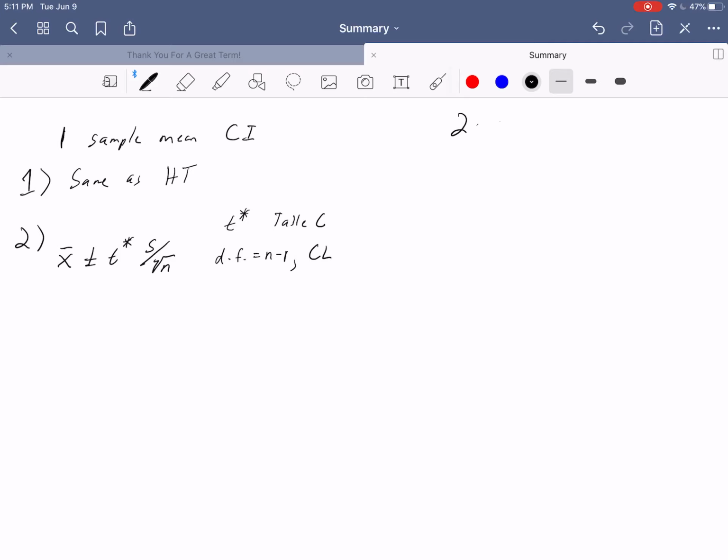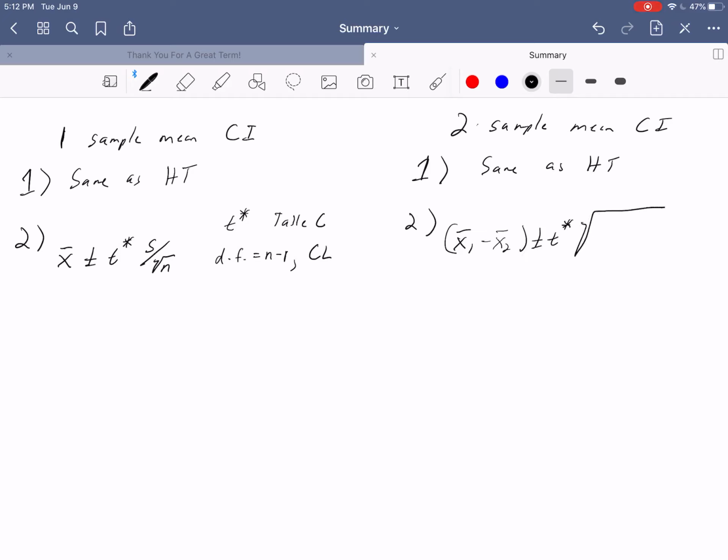The two sample mean confidence interval also has the same conditions as the hypothesis test. The construction for this is x1 bar minus x2 bar plus or minus t star square root s1 squared over n1 plus s2 squared over n2.